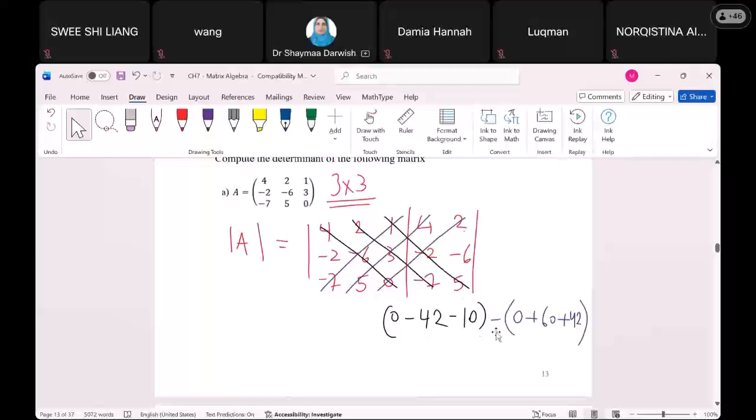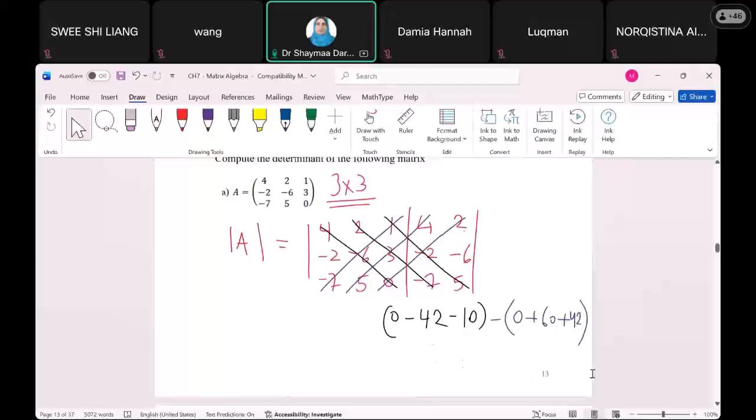So this is the first part. Minus the other 3: 2 times 2 is 4, times 0 is 0. 4 times 3 is 12, 12 times 5 is 60. 1 times minus 6 is minus 6, times minus 7 is 42.